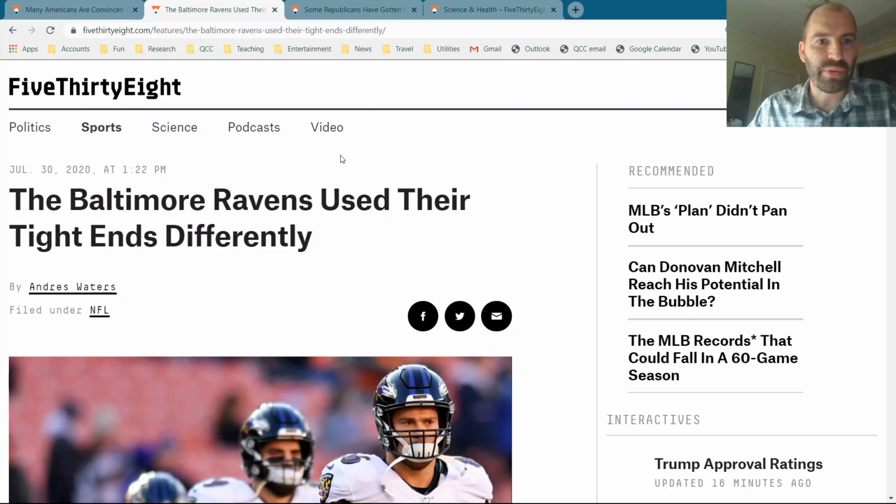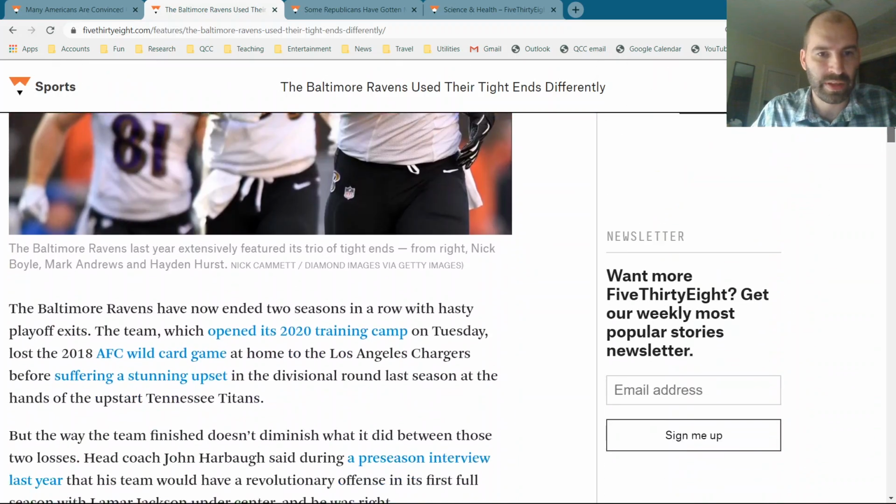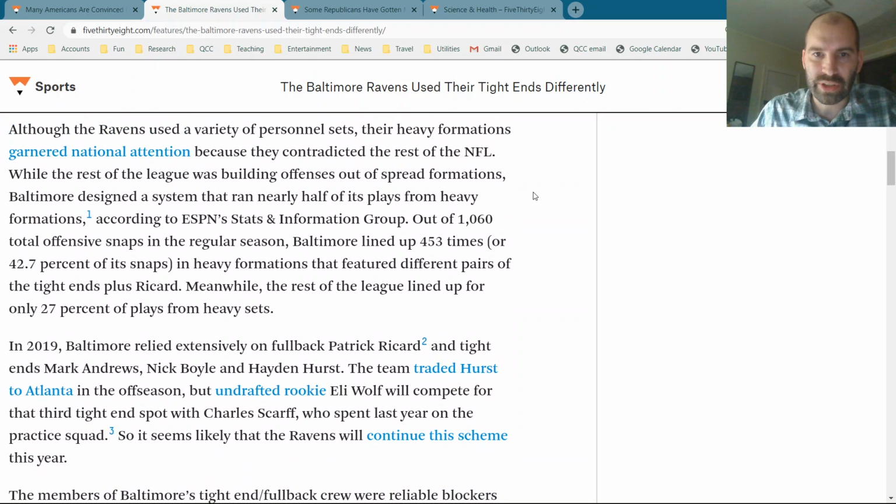Okay, here we have a sports article. The Baltimore Ravens use their tight ends differently. Tight end is a position on the football team. Let's go down here, see if I can find the thing I was looking at. Oh, here it is.